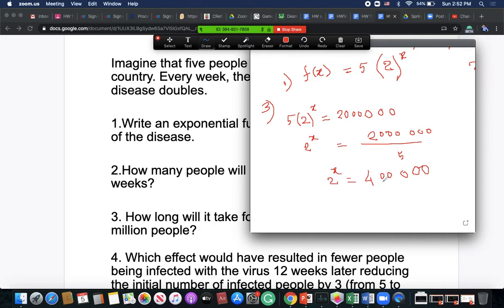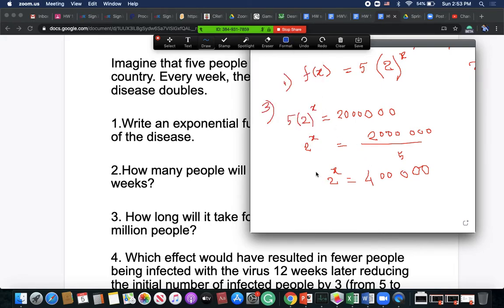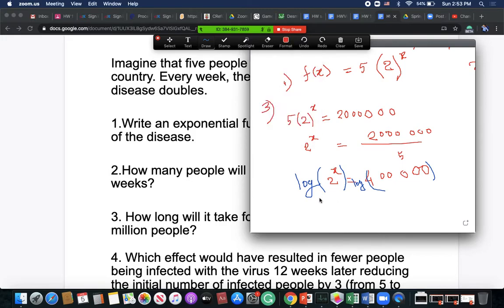Now to solve this, we have to take the logarithm of both sides, log or ln, whichever you prefer. So multiply both sides by log, and this side also by log. Then the x will come in the front.